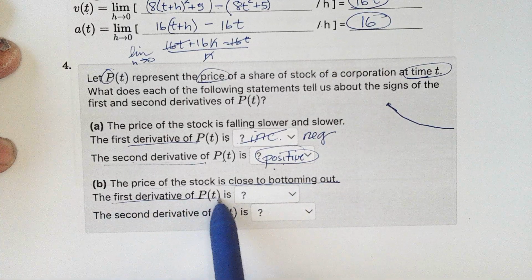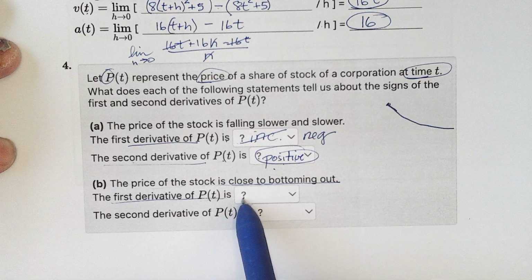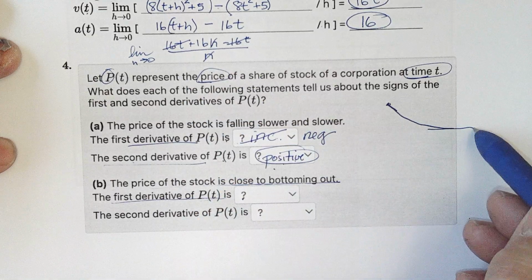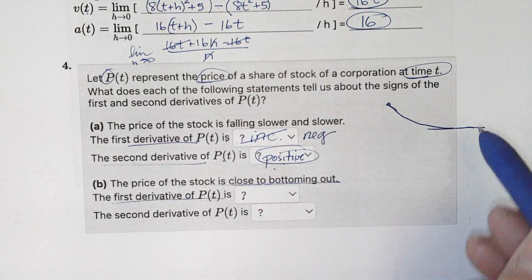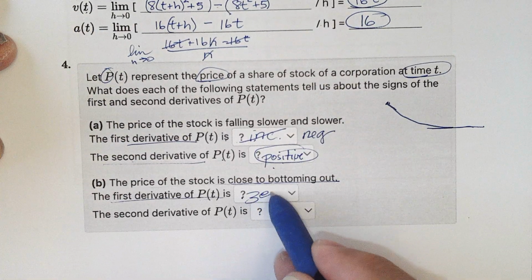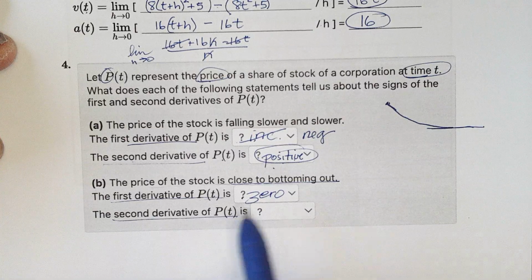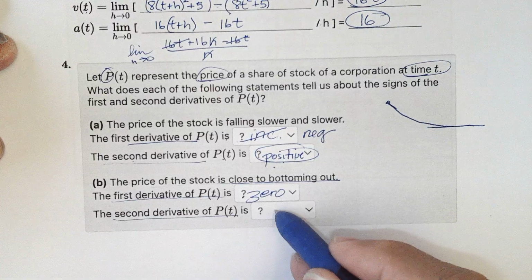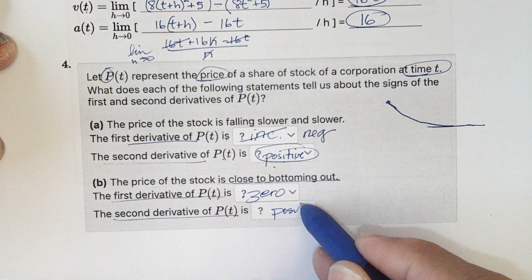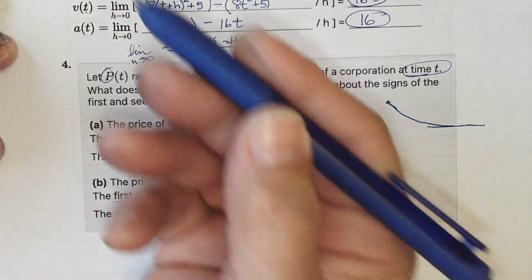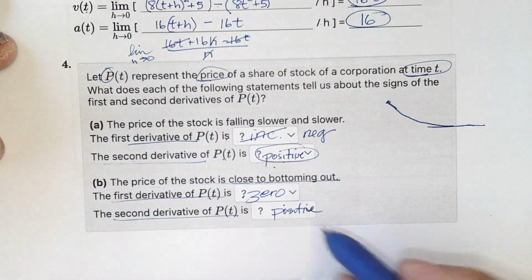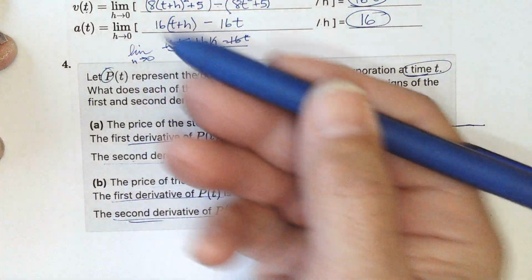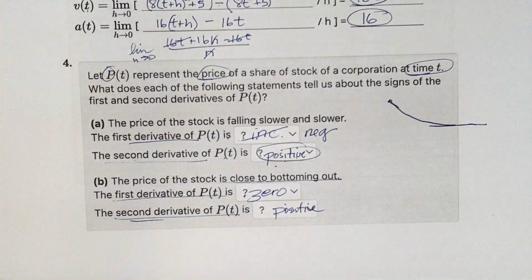The first derivative of P of t is the slope. If it's close to bottoming out, the slope is close to 0, which is one of the possibilities. And the second derivative is still positive because it's curving up. A positive second derivative means concave up. The slope is increasing. Okay.